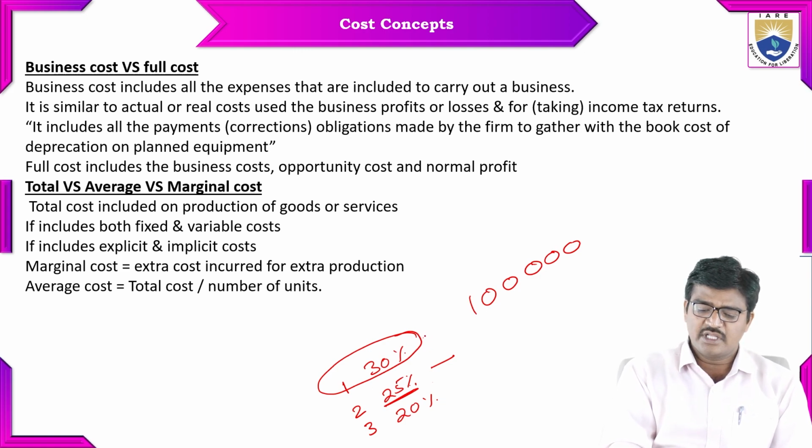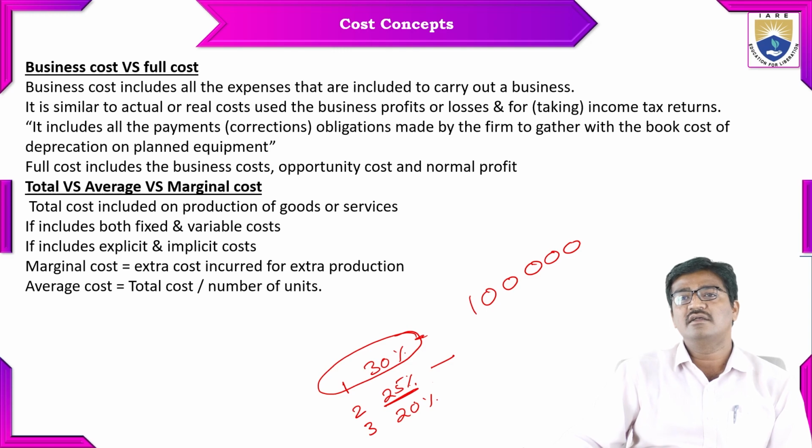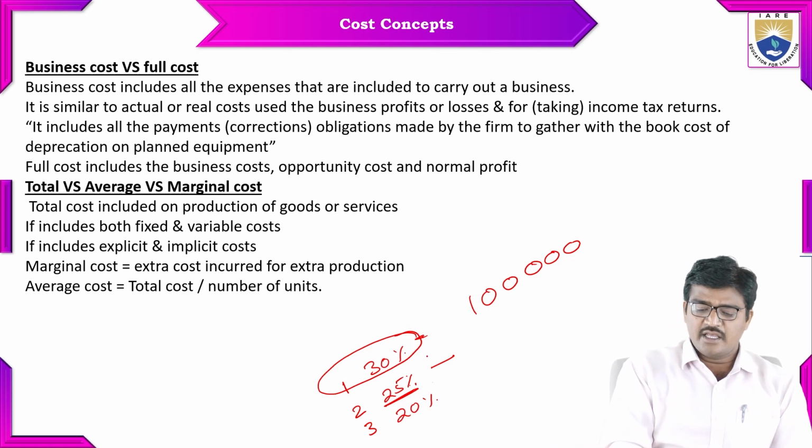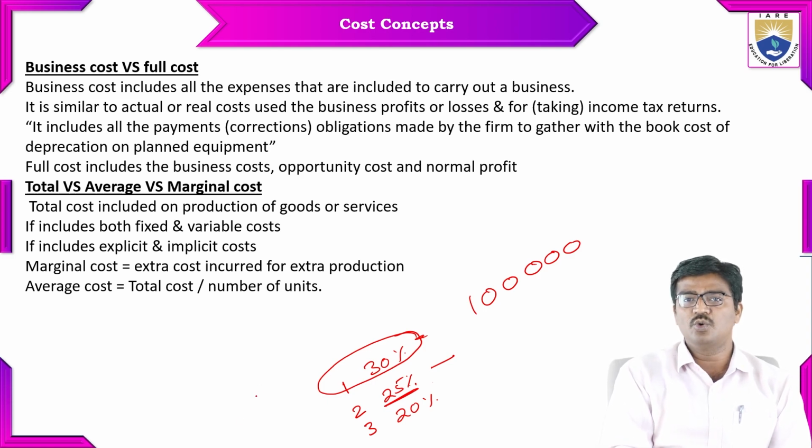For example, you have selected the first best opportunity that is about to yield 30% of return, and there is no guarantee that your selected opportunity is going to give the same amount of return. It may yield more than that expected percentage, it may yield less. So there is no guarantee. In this situation, if you want to change your alternative, you are going to consider this opportunity cost.